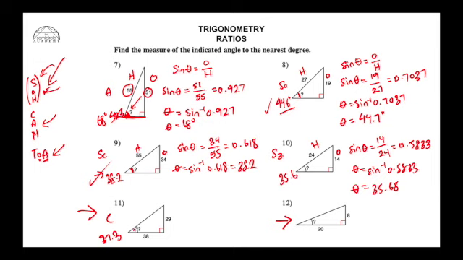So we can see here, this is the angle that we're going for. This is the opposite side. And this here is the adjacent side. So if we look at our SOHCAHTOA, we see that tan uses opposite and adjacent. So we go tan theta equals opposite, which is 29, over the adjacent, which is 38.